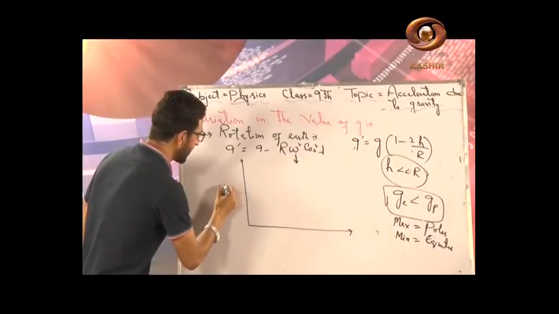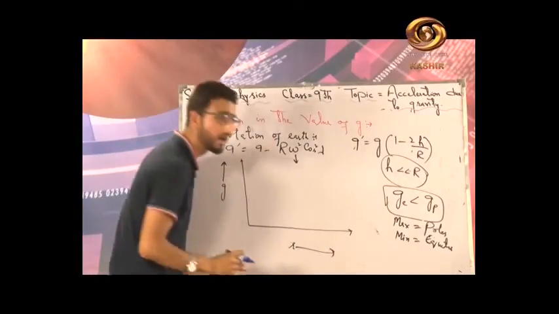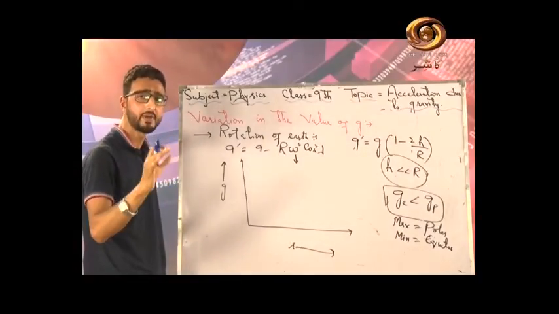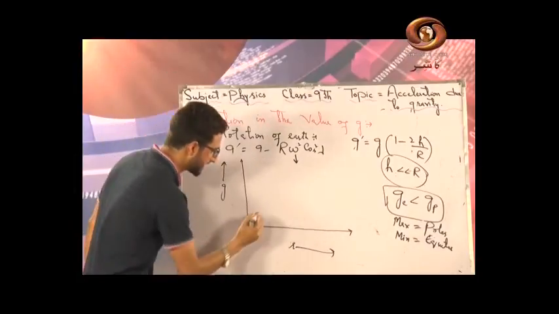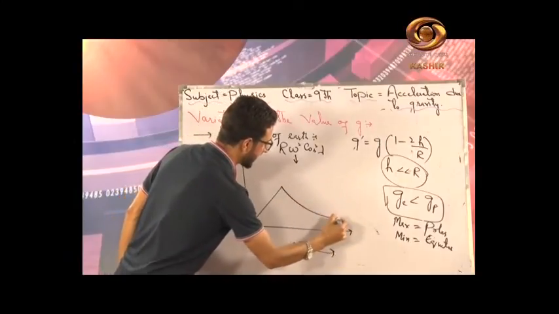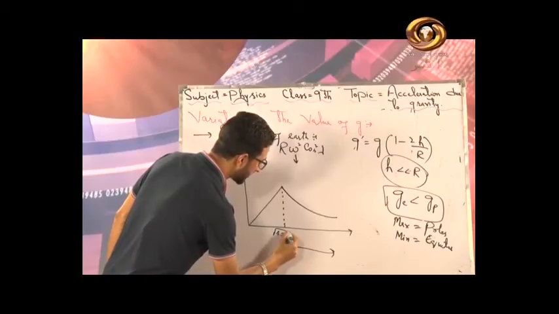So if I plot the variation of acceleration due to gravity with r, this small r is the distance from the center of the earth. What is small g at the center of earth? It is 0, and the variation of g is like this. g is maximum when r is equal to R, the radius of earth.